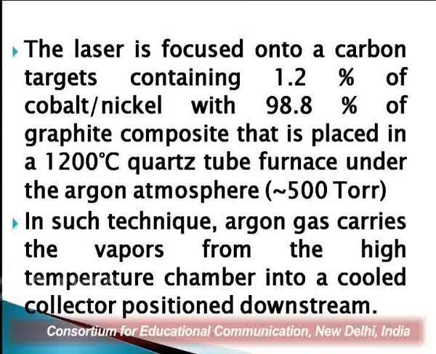So to prepare the SWNT, a catalyst is added, which may be cobalt or nickel, at 1.2% in the graphite composite. The temperature is very high. Also the pressure we pass in the quartz tube is also high.